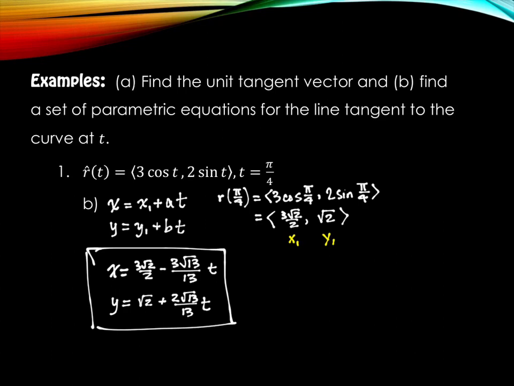It's the same thing we did in Calc 1, it's just we're doing it in components, right? We're finding derivatives, we're finding the point, and we're putting them into the equation. It's the equivalent of finding tangent lines from back in Calc 1.